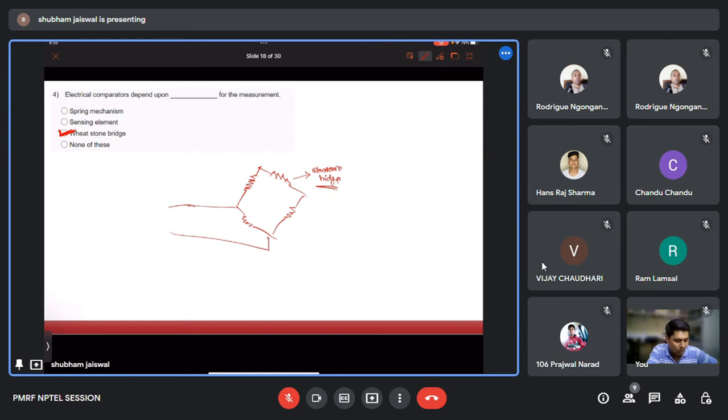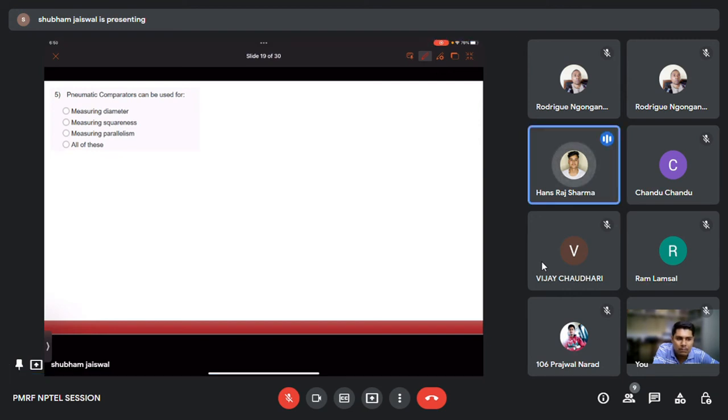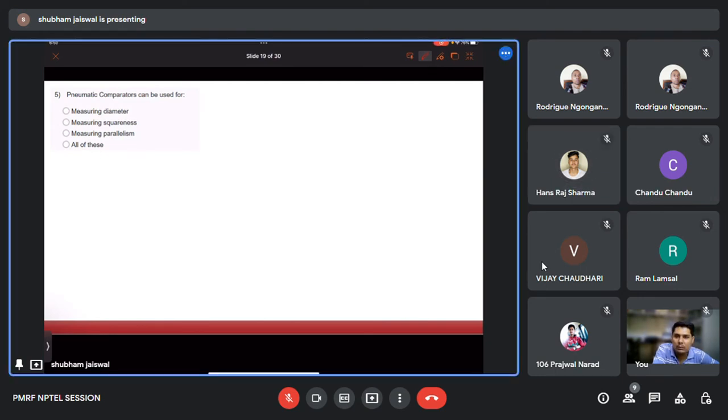Okay. So moving to our next question. The pneumatic comparators can be used for measuring diameter, measuring squareness, measuring parallelism, all of these.